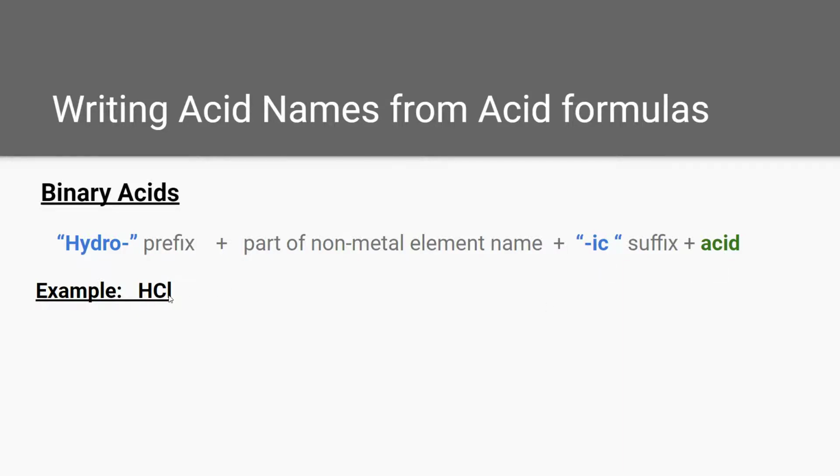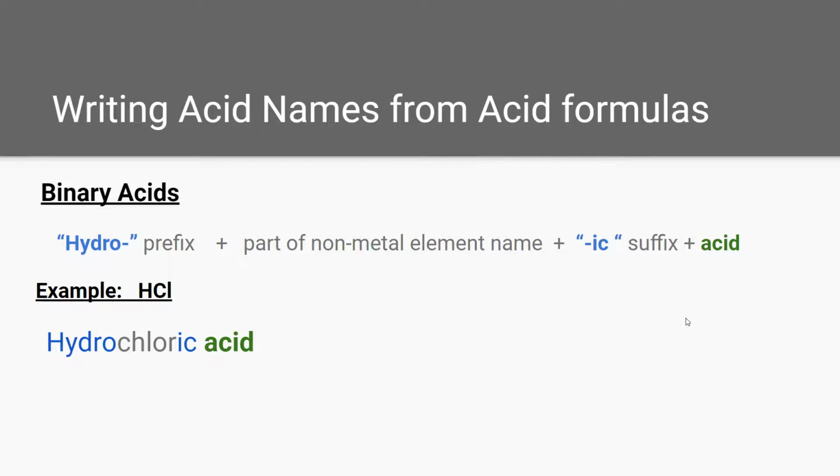So since this is chlorine, we're going to take part of that name, chlorine, and attach the hydro prefix and the "ic" suffix to it. So the resulting name is hydrochloric acid. The chlor coming from the chlorine, the "ic" the suffix, hydro the prefix.